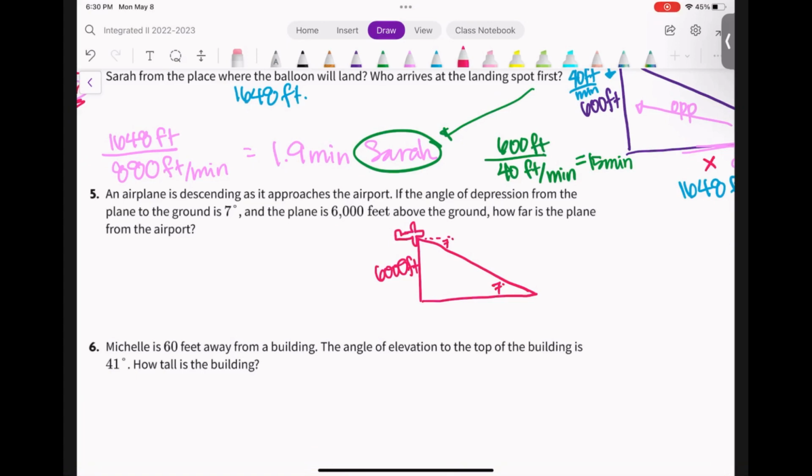It says, how far is the plane from the airport? Now, whenever you're talking about how far something is, we're usually going to go with the horizontal distance, okay? So that's going to be my x. And now you should see they gave you the opposite and the adjacent side, right?